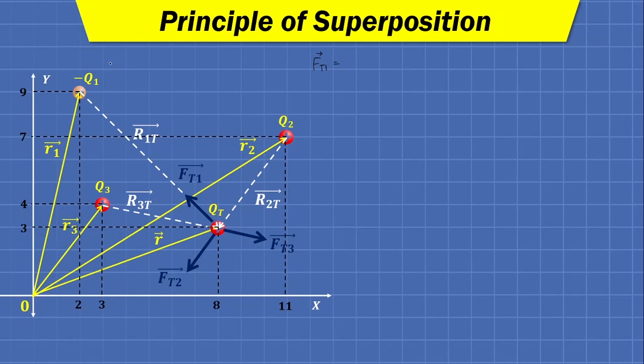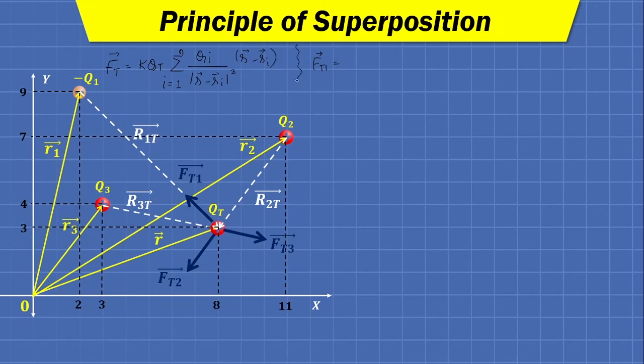So in generalized form, Ft bar will be K Qt summation from i equals 1 to n of Qi divided by modulus of R minus Ri cubed, into R bar minus Ri bar.